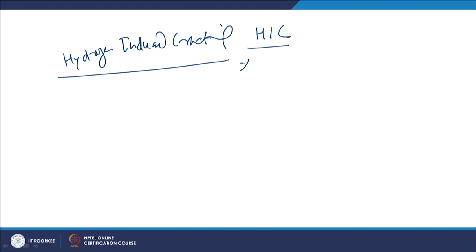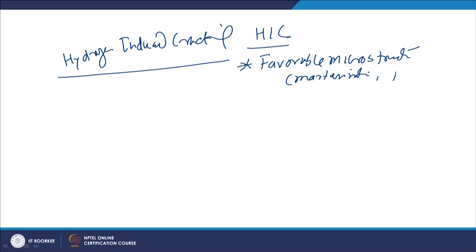These include a favorable microstructure, which is basically the presence of either martensite only or martensite and ferrite in the matrix of the steel.